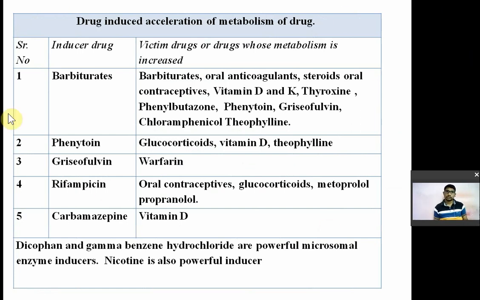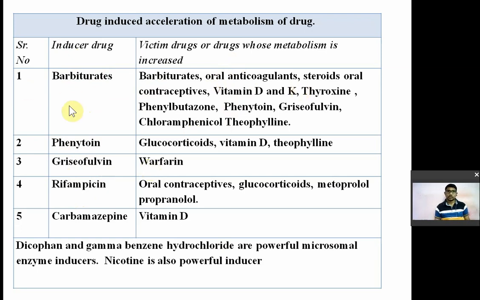So inducer drug means this drug will induce the microsomal enzymes, means they will increase the concentration of microsomal enzymes, and that's why they will increase the metabolism of these drugs. Inducer drugs induce the enzyme, and victim drugs' metabolism will be increased.